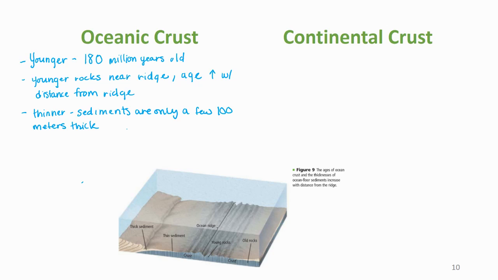Scientists hypothesized that the relatively thin layer of ocean sediments was related to the age of the ocean crust, because they can observe that as they move further away from the ocean ridge, the sediment consistently gets thicker. You can see that happening in this picture here. As we move away from the ridge, the sediment is getting thicker.